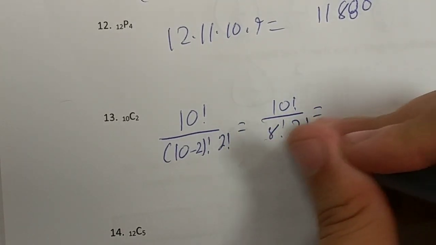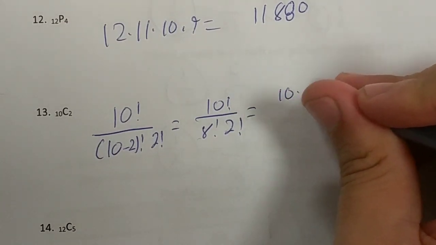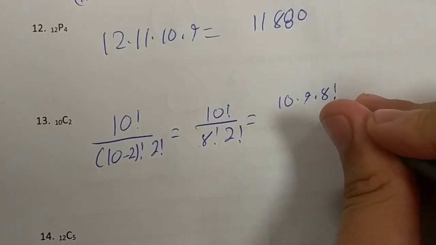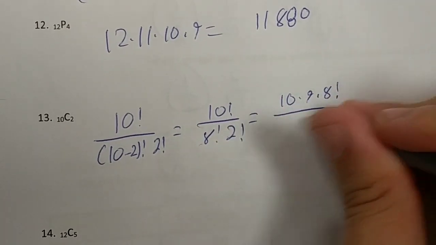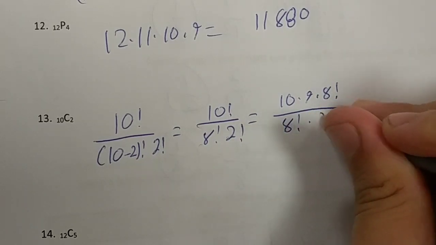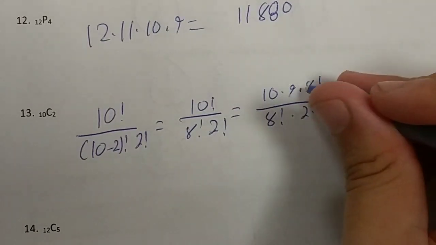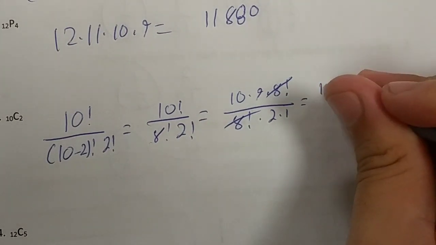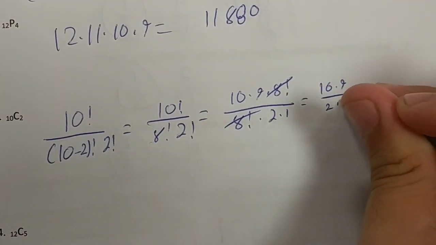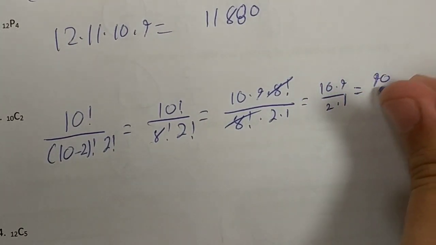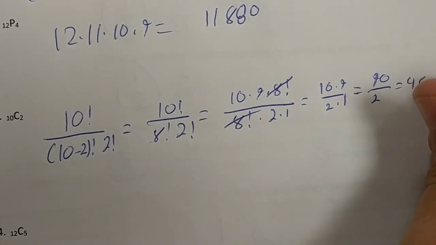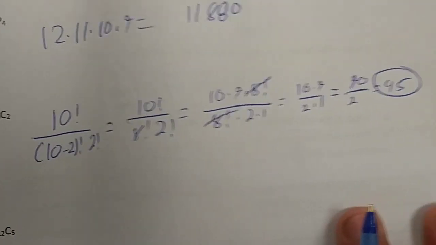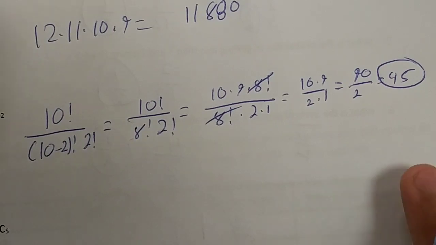Remember, you can't multiply these. So 10, 9, 8. I'm going to stop at 8 because 8 is the biggest one on the bottom. 8 factorial times 2 times 1. I could cross out those 8s. 10 times 9 over 2 times 1. 90 over 2, which is 45. Hey, that's a lot of work. But I did it right.